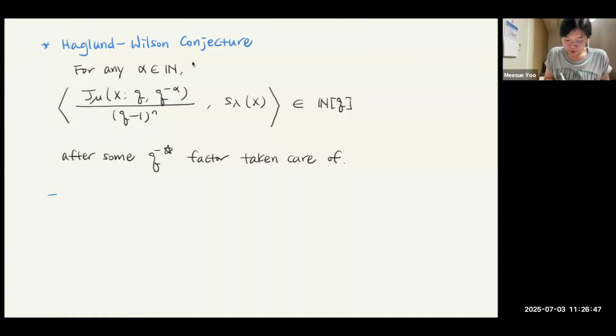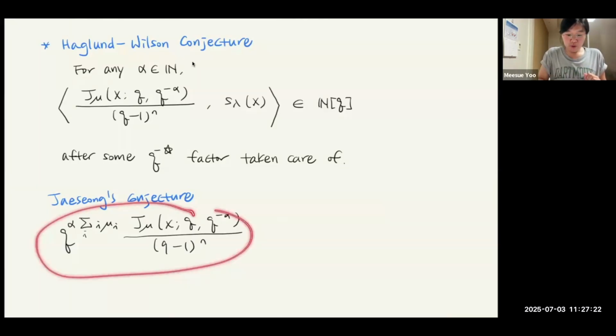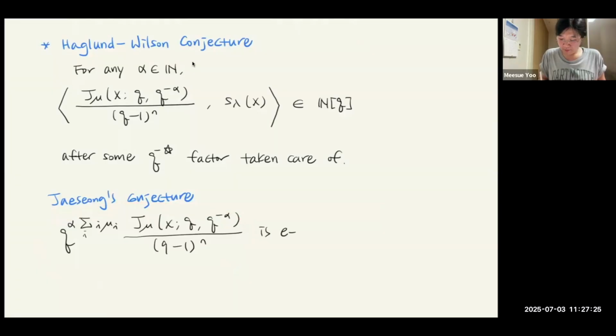And Jason's conjecture was about the e-positivity of the integral form that I mentioned before. You have to take care of some q powers, and we know exactly what that power is. Then J_mu at q to the minus alpha, divided by q minus 1 to the n, is e-positive. That is Jason's conjecture.